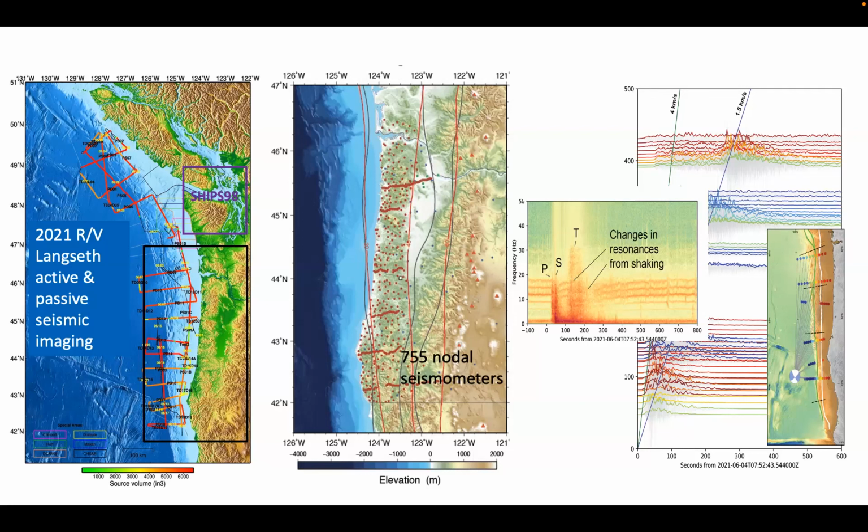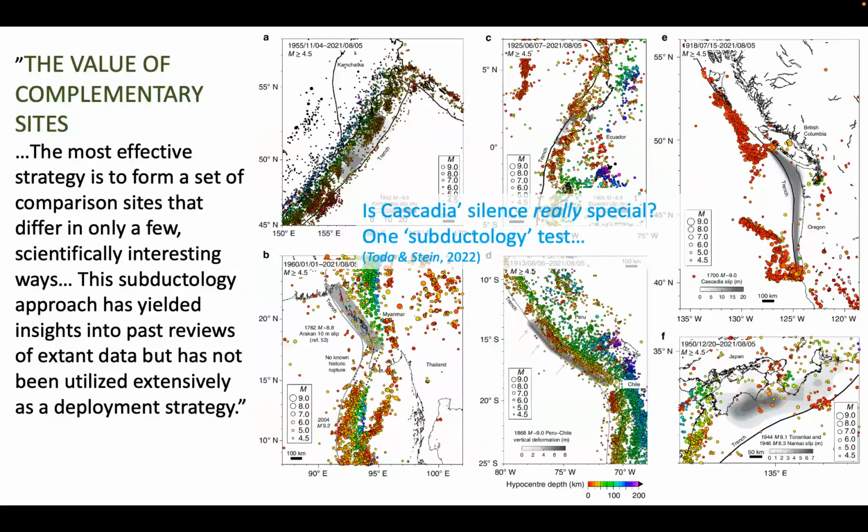This is not strong shaking, and you can look at these bands here, which are resonances, and they change in frequency with time. Basically, what they're seeing is a nonlinear response of the sediments. So this is not something that was anticipated, but is a different use of these kinds of data. So there's all sorts of things that can be explored.